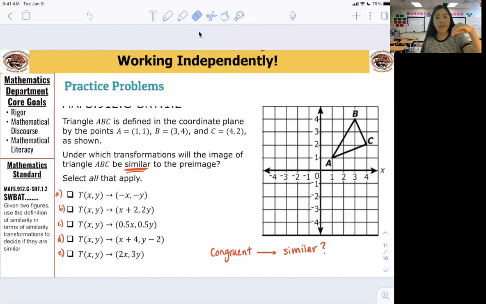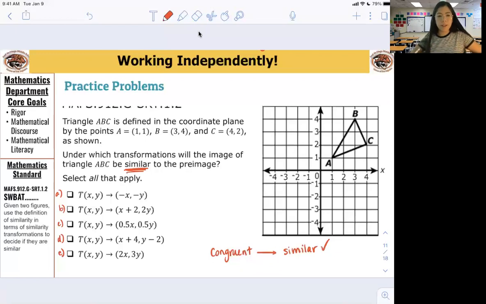That is still falling under the category of similar. So congruent figures are similar. However, it doesn't always go the other way. Just because something is similar doesn't mean it's congruent, but the other way is always true. Congruent figures are similar to each other by definition. So that already is going to change some answers, I'm sure.